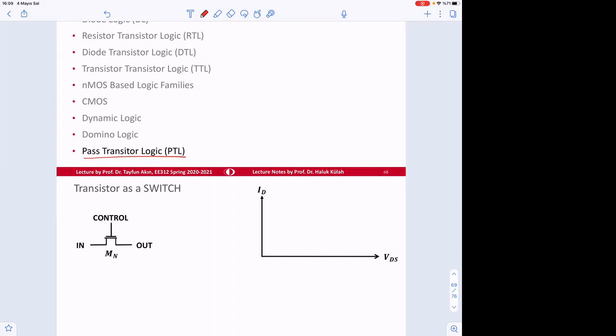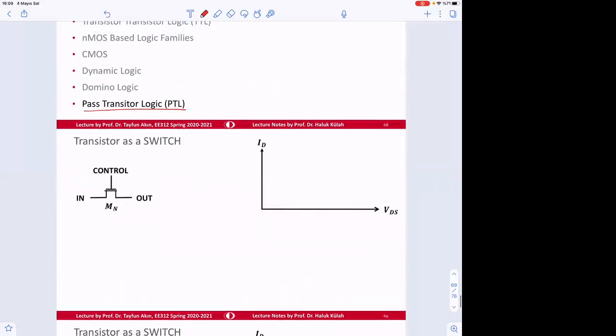So this logic is made with switches, and we can implement different things. But first, let's look at the use of transistors as a switch. We can use NMOS transistor or a PMOS transistor as a switch. So if you use PMOS, for example, it's also possible.